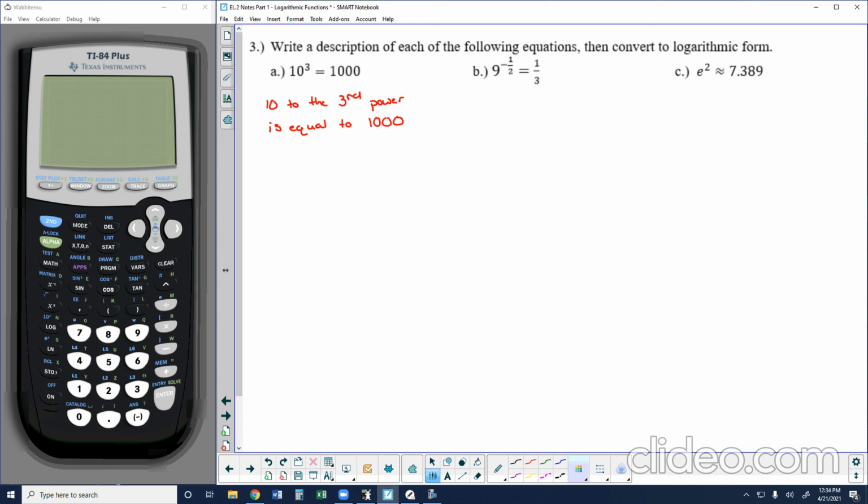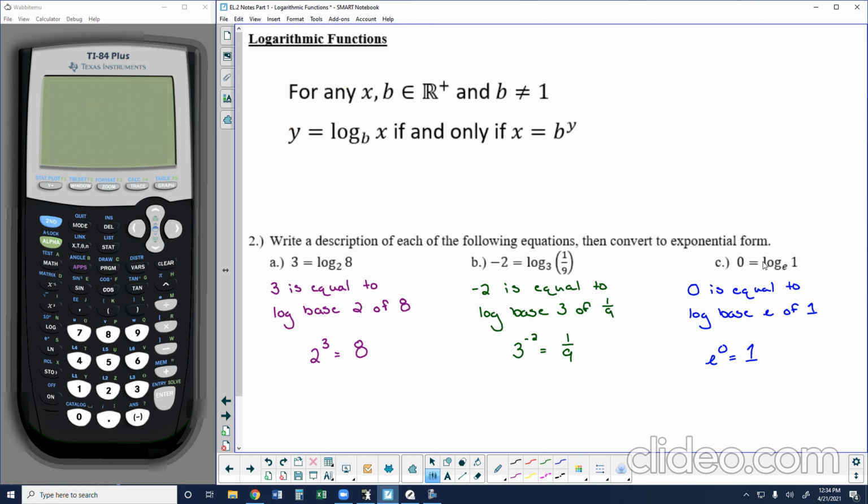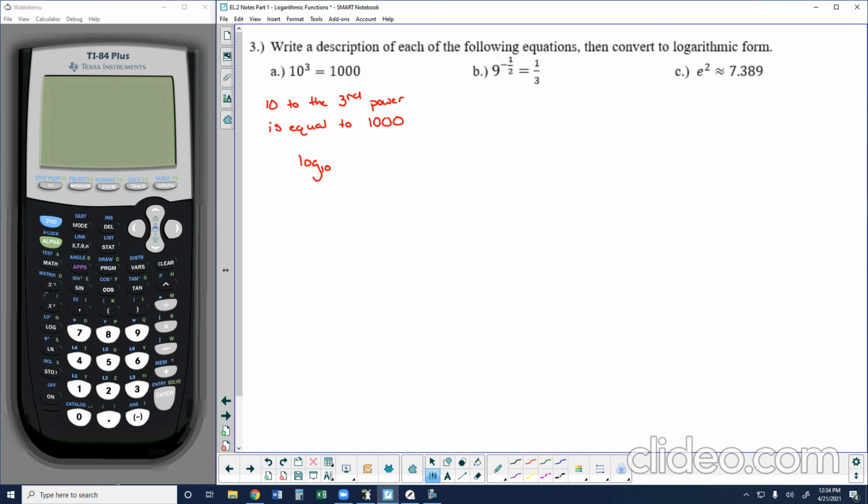How do we put this into logarithmic form? Well, 10 is our base, so I'm going to have log base 10. We're eventually going to see some shortcuts for certain bases. Actually, in problem C, log base e is something special, and problem 3a, log base 10, would also be something slightly special. But our base becomes a subscript of the log. So 10 is the base.